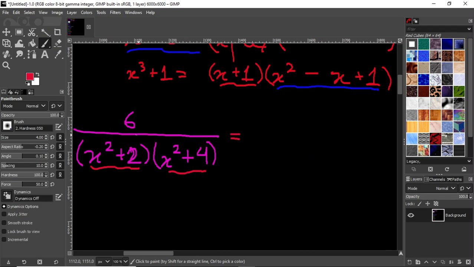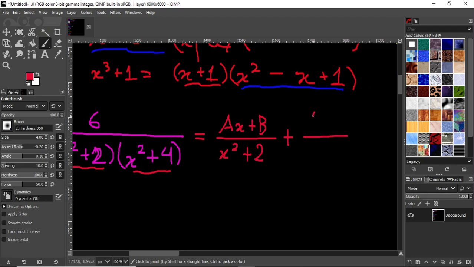At first glance, if we are going to form the partial fractions, it would be something like this: Ax plus B over x squared plus 2, and because this is a quadratic, we need a 1 degree polynomial here, plus Cx plus D over x squared plus 4.